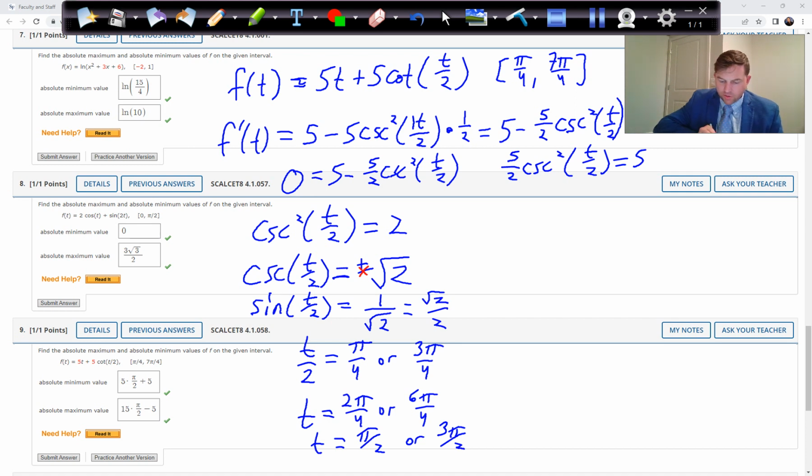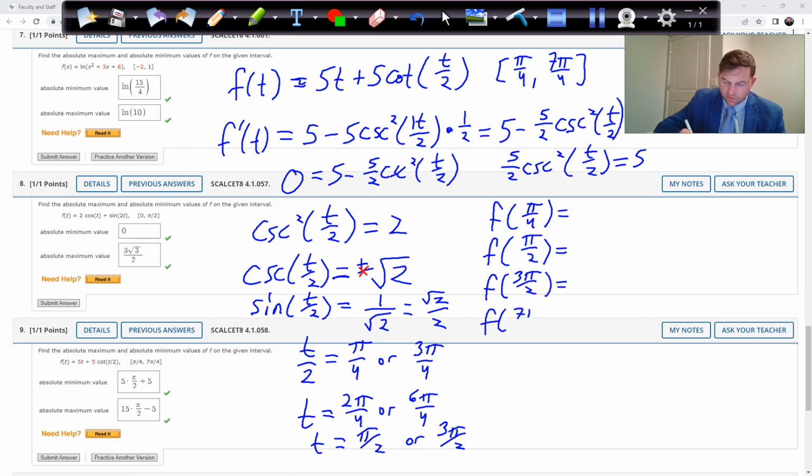Both of those numbers are in the interval, so we're going to check both. We're going to check f of pi over 4, f of pi over 2, f of 3 pi over 2, and f of 7 pi over 4.